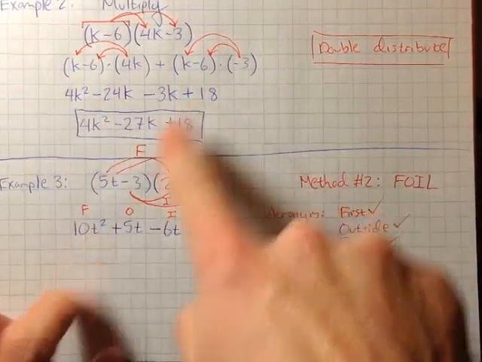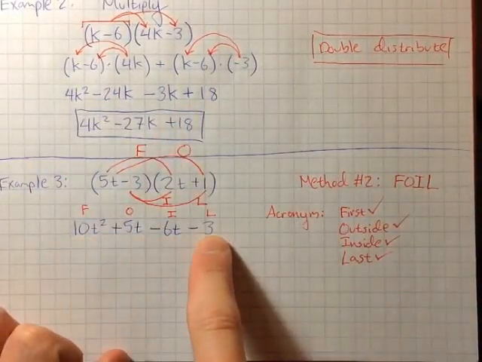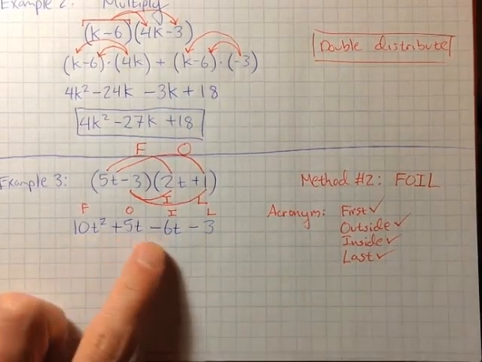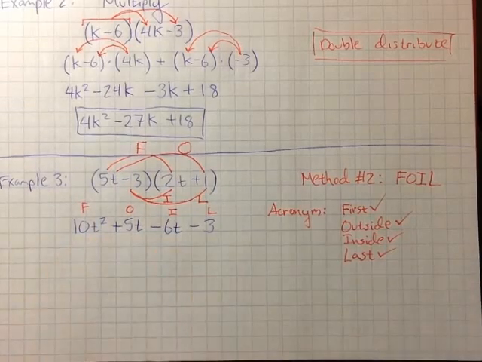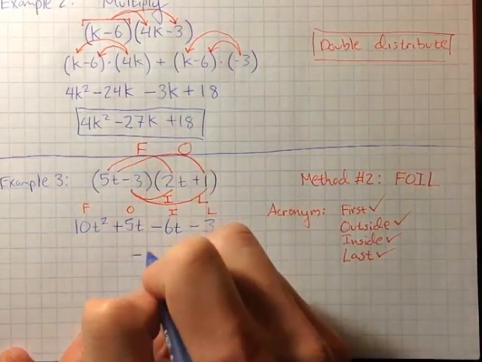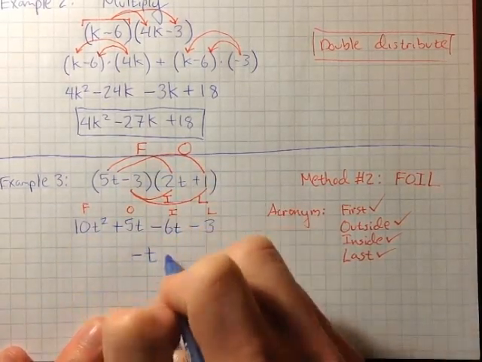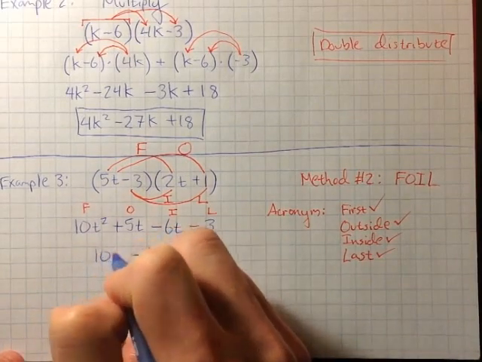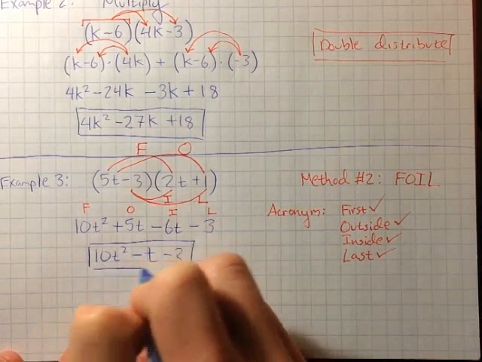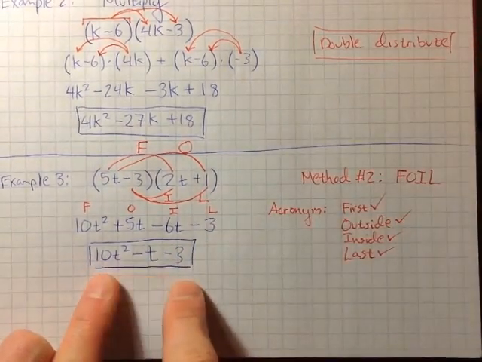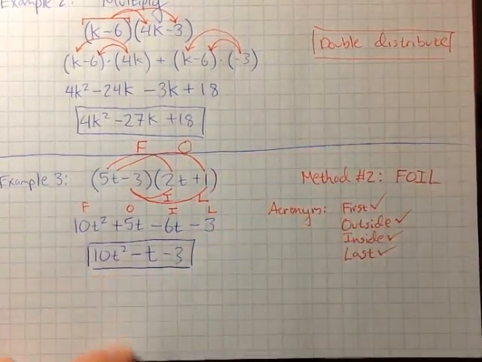Once we get to this point, we just simplify. So in this case, the only like terms that we can simplify are 5t minus 6t, which is negative 1t, which is negative t. Everything else stays the same. So 10t squared minus t minus 3. That is the multiplied form of that expression there.